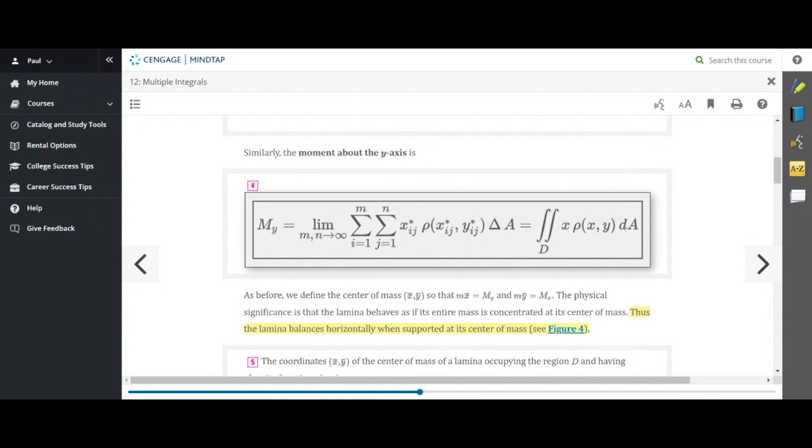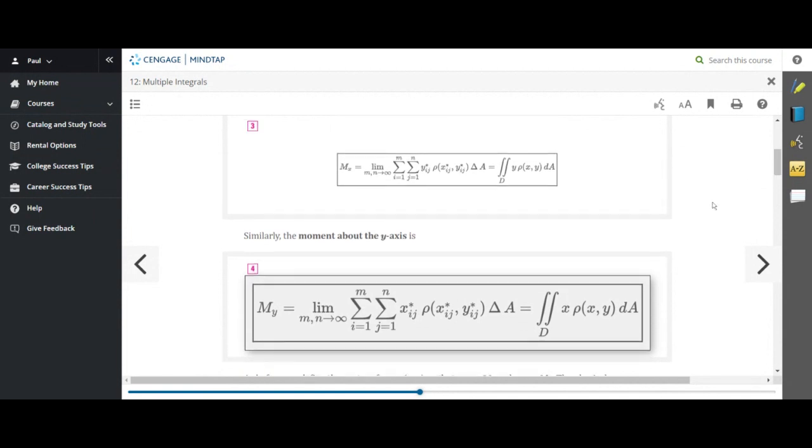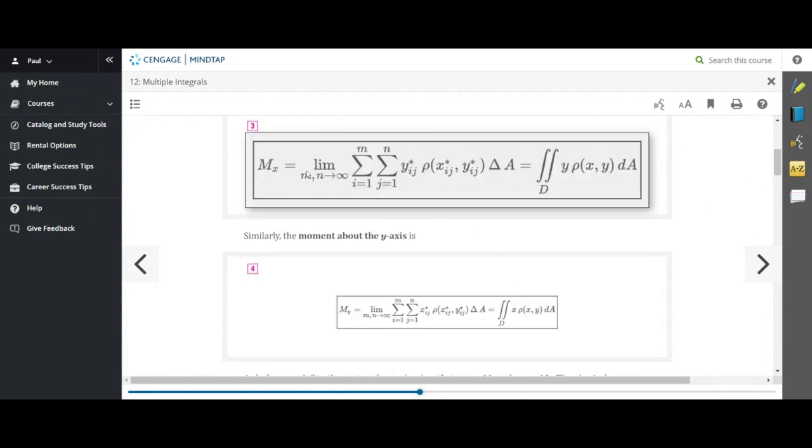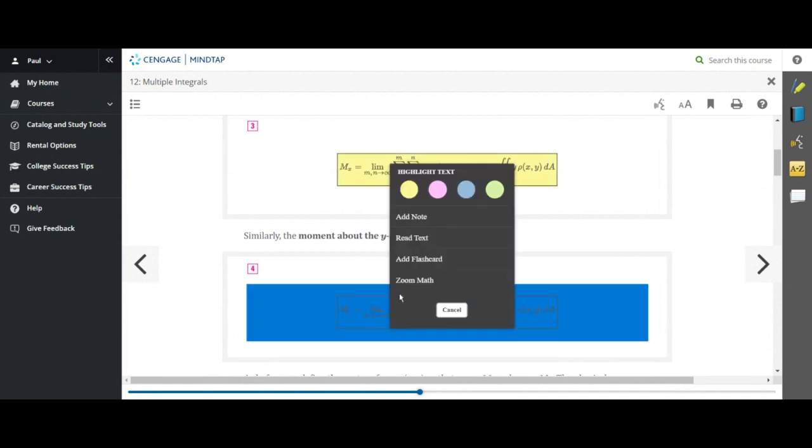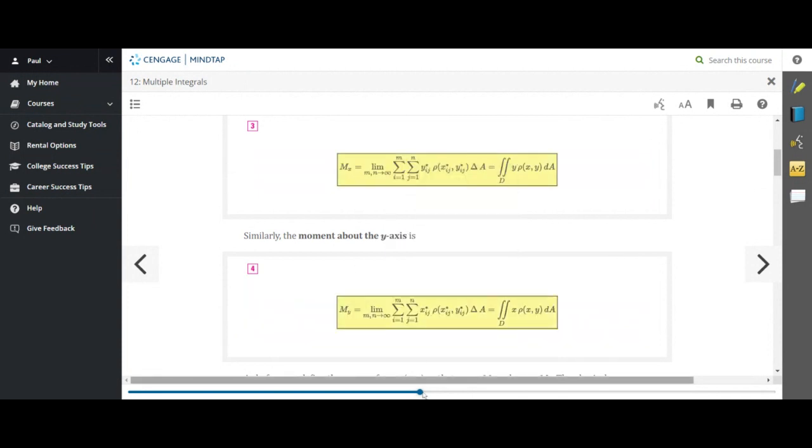As you take the limit of these two Riemann sums for the moments, you get these double integrals. And those double integrals are the moments.